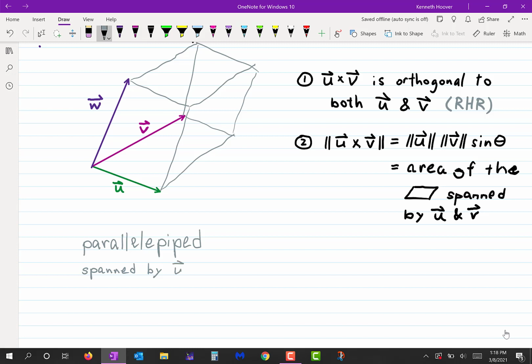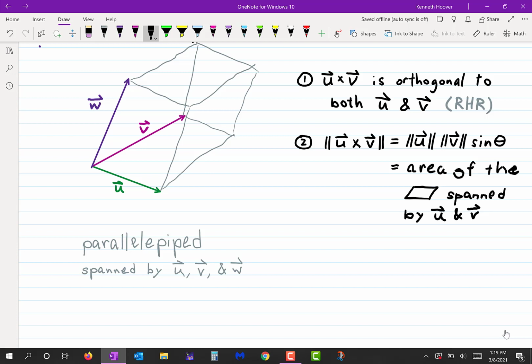Three vectors. Okay. Now I'm going to tell you something. It wouldn't make any sense to talk about the area of that, right? Because that's three-dimensional. It would make sense to talk about the volume.